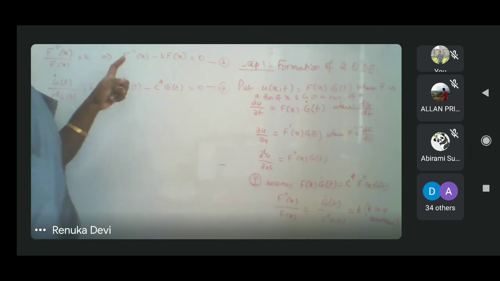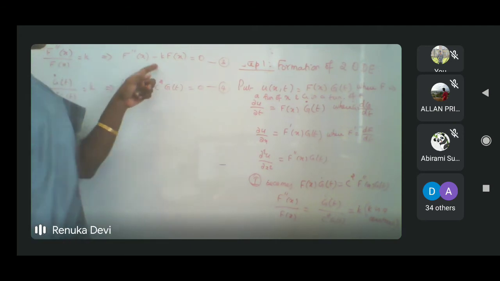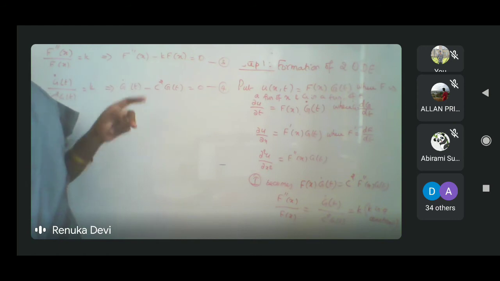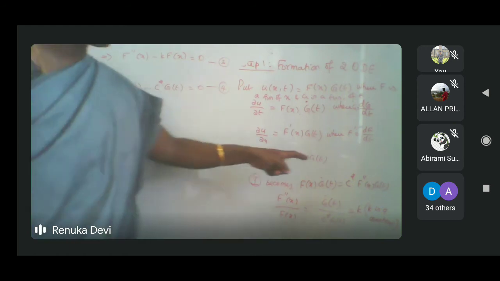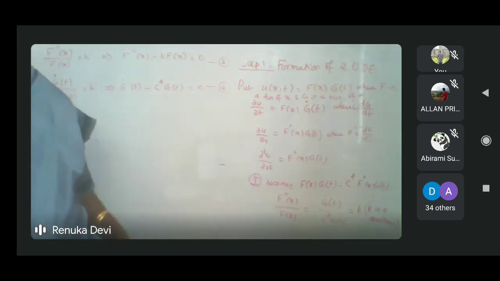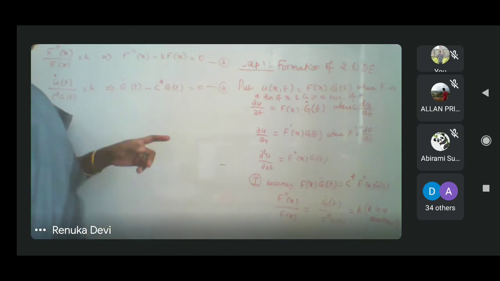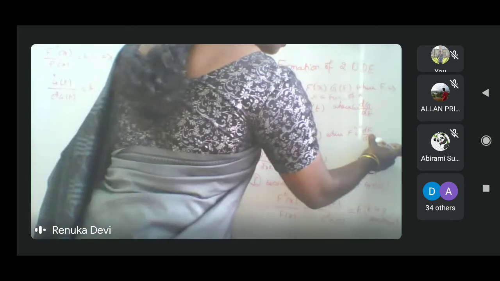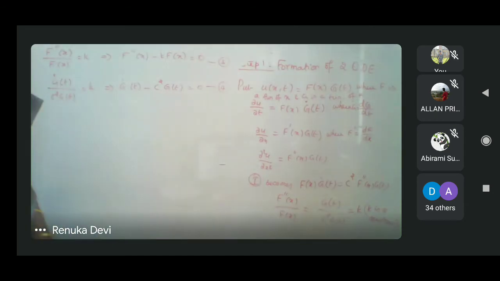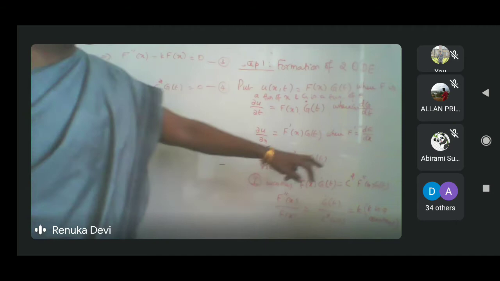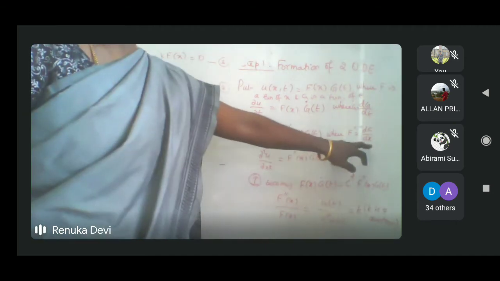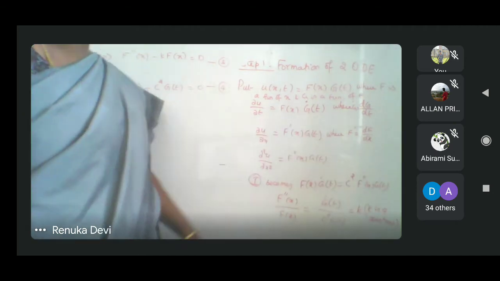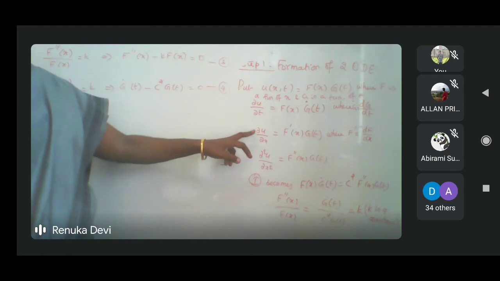The 3 and 4 are two ordinary differential equations. Sorry, f dash is not with respect to t. F dash equal to df by dx. Please change. F dash is df by dx, because we are differentiating with respect to x now.